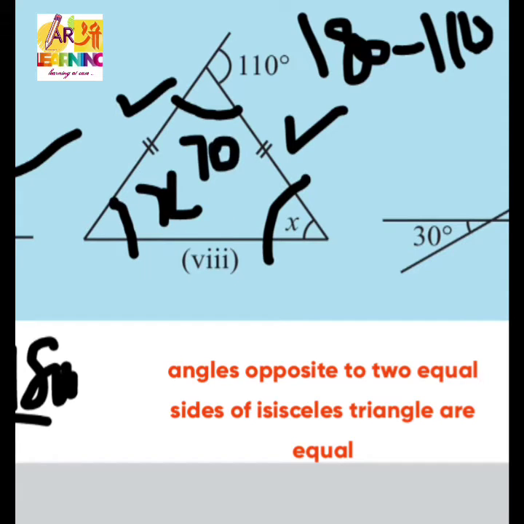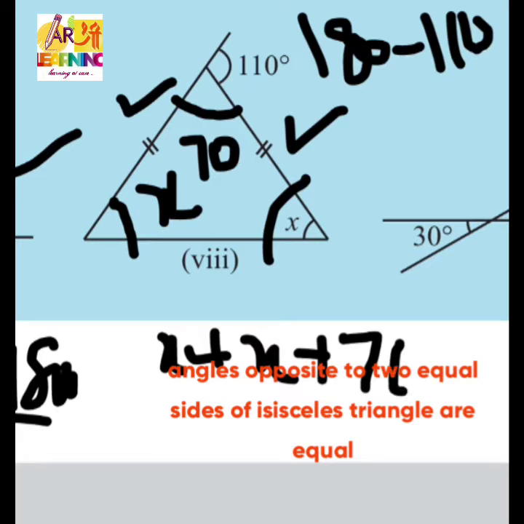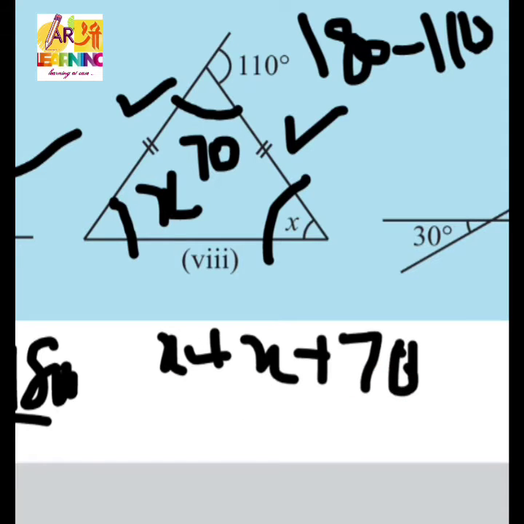So since this is 70, now in the triangle again you will have to write the same reason, that the sum of three angles x plus 70 makes 180. The sum of three angles is equal to 180. So find the value of x like you have done in the first exercise.